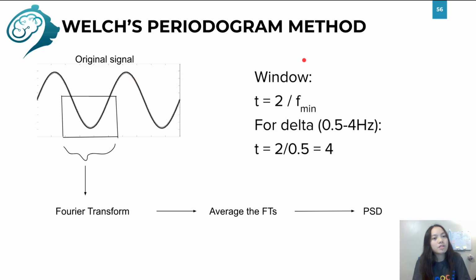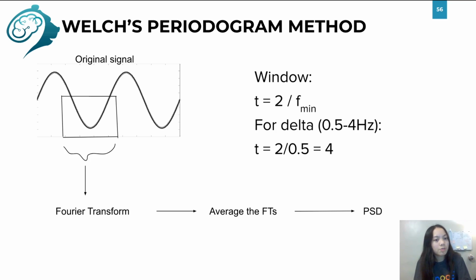The commonly used approach is to take a window sufficiently long to encompass at least two full cycles of the lowest frequency of interest. For instance, in EEG data there are 4 frequency bands, like delta, which is 1 to 4 hertz. The lowest frequency one is just 1 or 0.5. Some literature says 0.5 is the minimum frequency of the delta band.